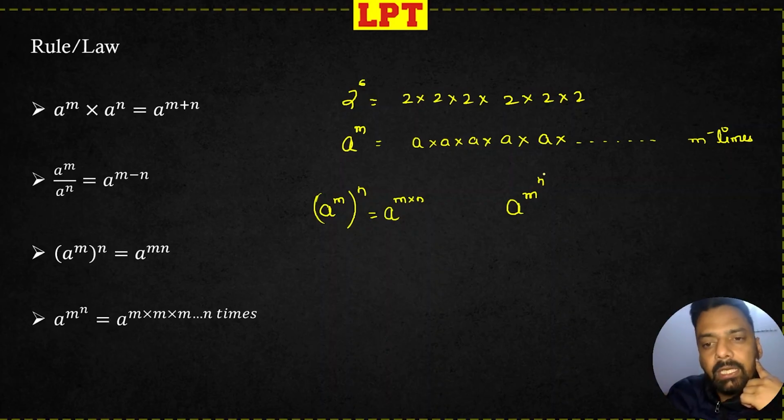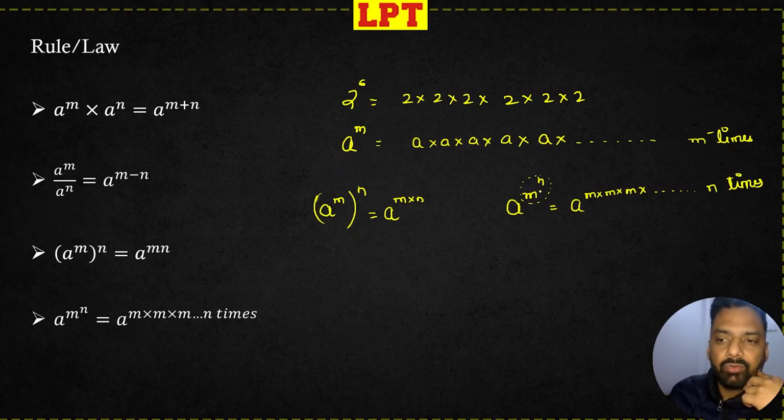But when I am saying a to the power m to the power n, first we have to solve this. Now what does m to the power n mean? It means that m is being multiplied n times. m is being multiplied n times, that is its significance. So the value that comes will be the power of a.